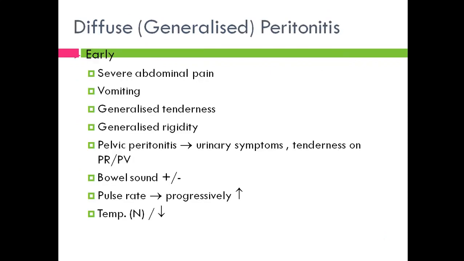Now, what happens in a diffuse or generalized peritonitis? In early cases, you get severe abdominal pain, vomiting, generalized tenderness, generalized guarding and rigidity. The pulse rate goes high; the temperature may be normal, or sometimes may go high.